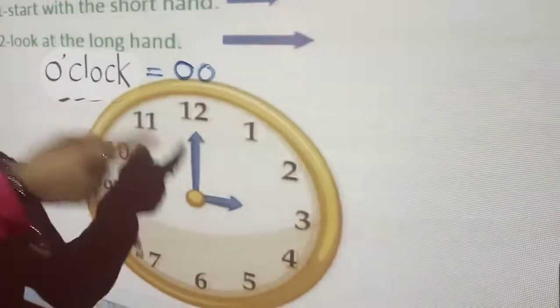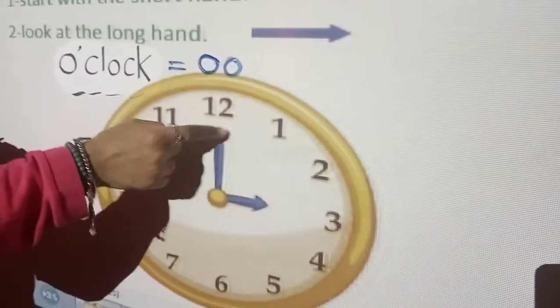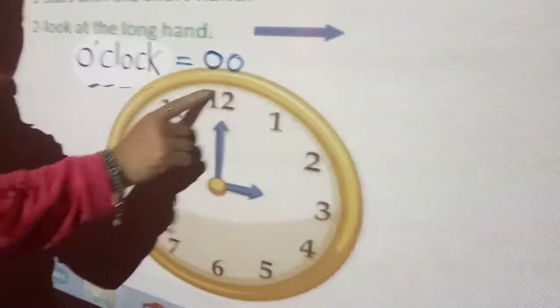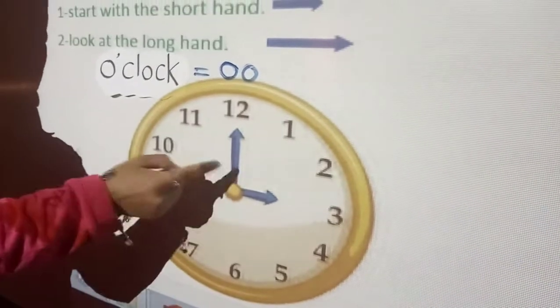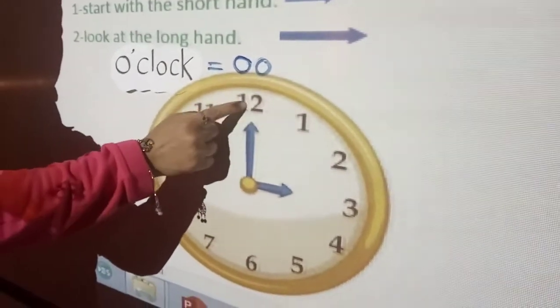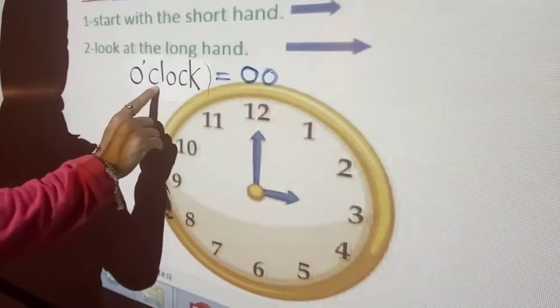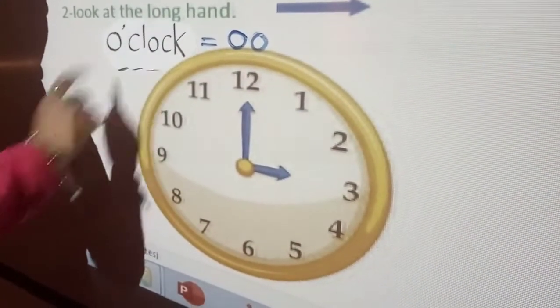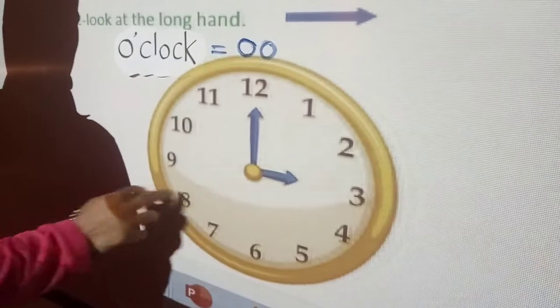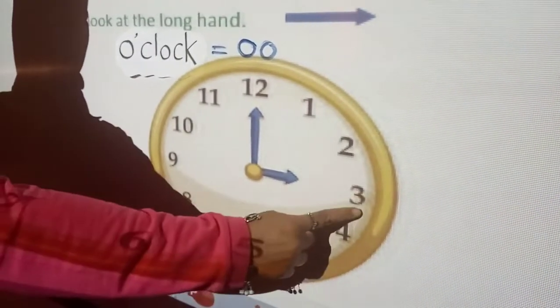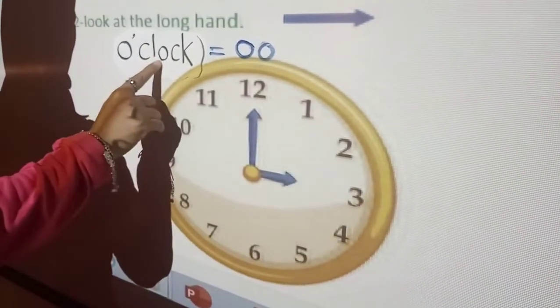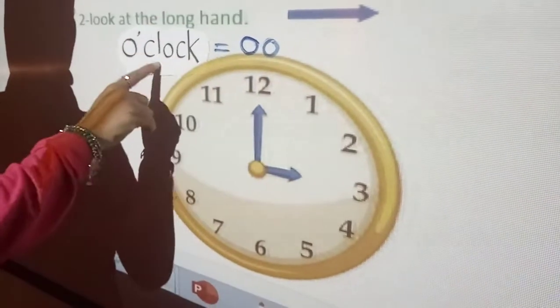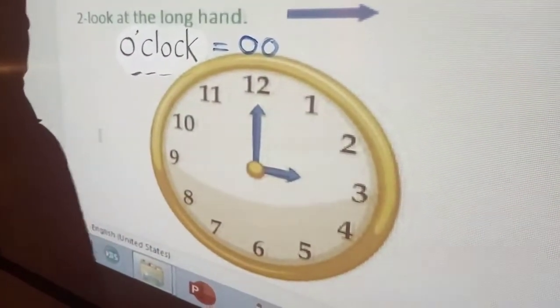Super. And the long hand points to 12. When I see the long hand point to 12, it means o'clock. And now what time is it? 3 o'clock. 3 o'clock. Easy?